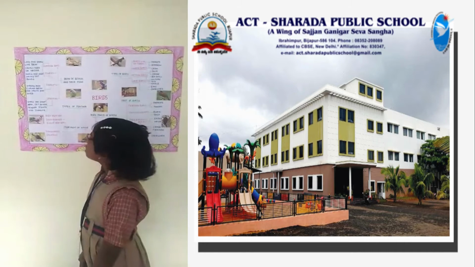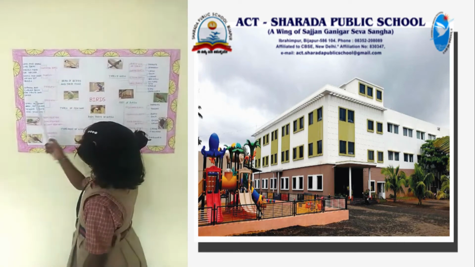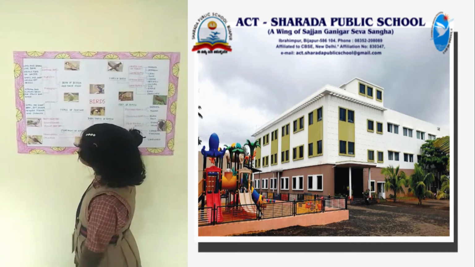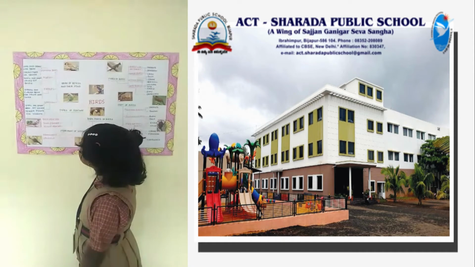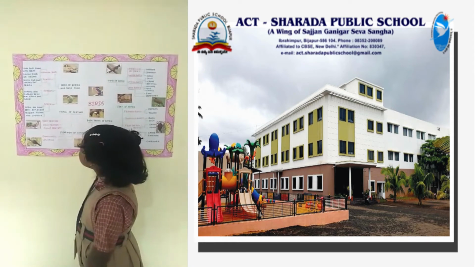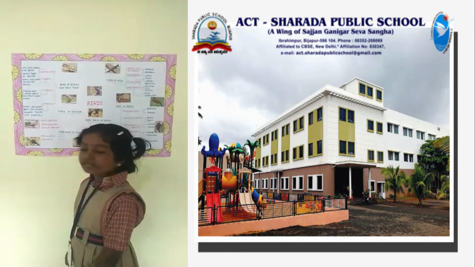It eats seeds with the help of its beak. Parrot: it has a strong and curved beak. It eats fruits and seeds with the help of its beak.